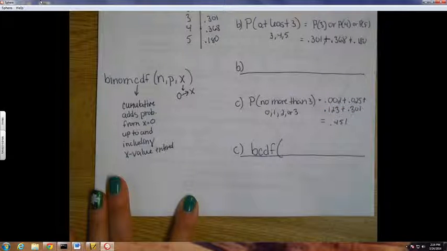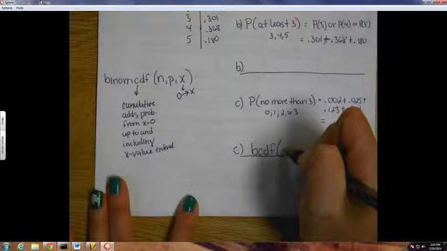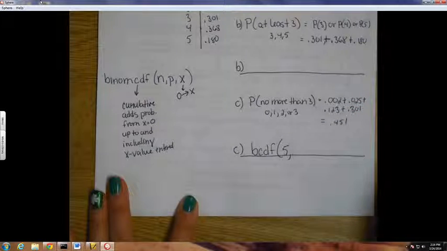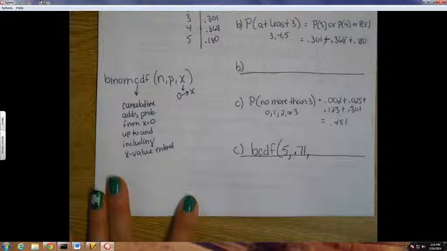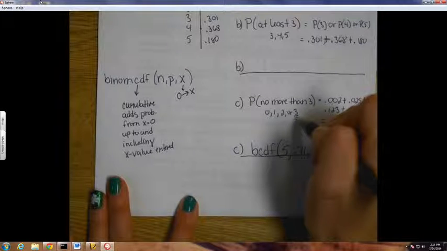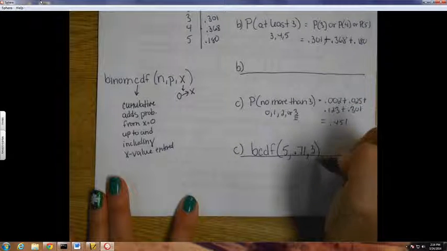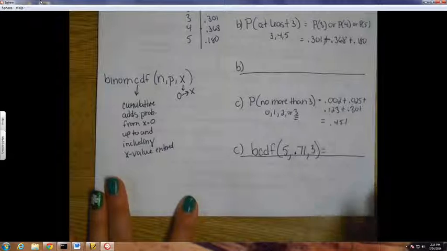You're going to try this in a minute. We did 5 trials. 0.71 was our success rate on each trial. And what's the last x number that I want included in there? The 3 that I've got here. Go ahead, try that. See if we match that 0.451 that we got.